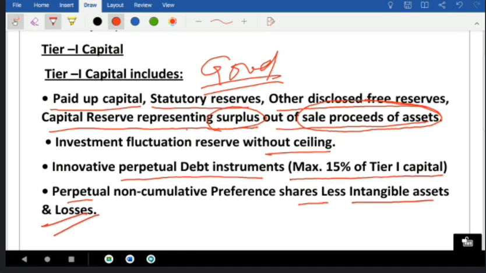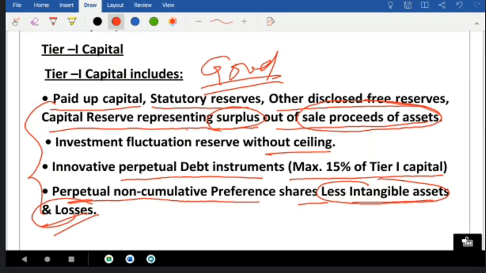So you have to subtract intangible assets or losses from the perpetual non-cumulative preference shares, or whatever total value is given. So these were the main components included in tier 1 capital. Tier 1 capital is also called core capital.